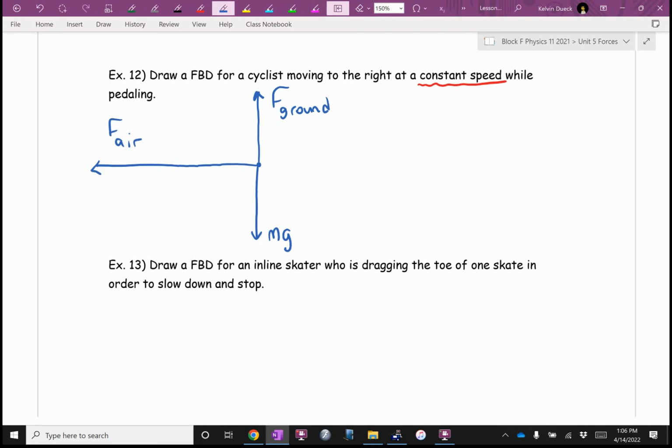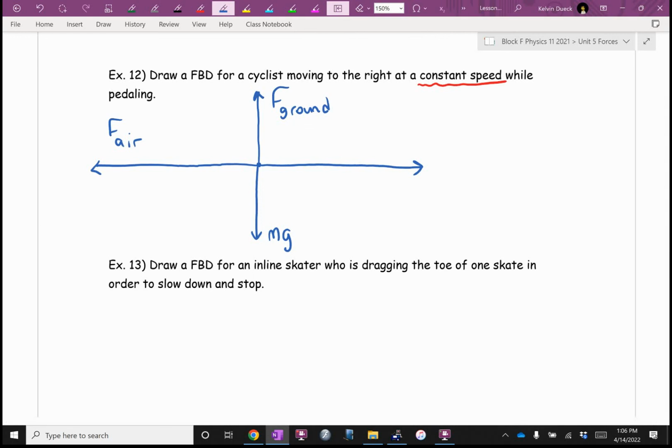Why can't that be the finished free body diagram? Why is that impossible for this specific situation? How big must there be an arrow pointing in the other direction? Same size. What's that?